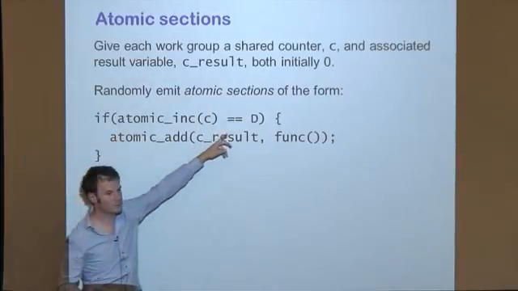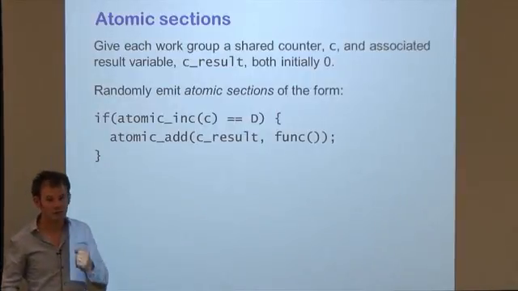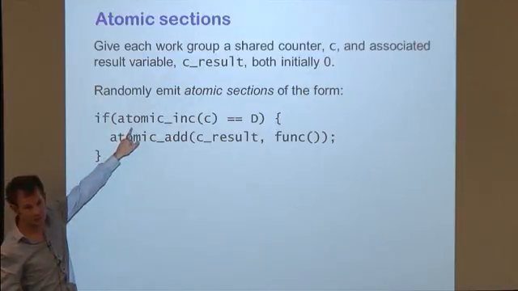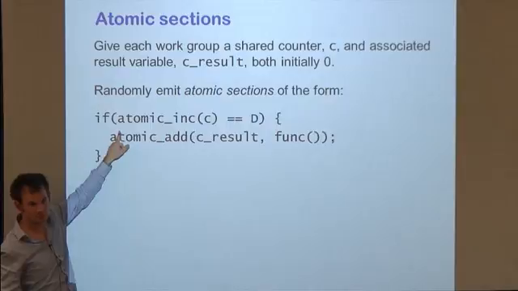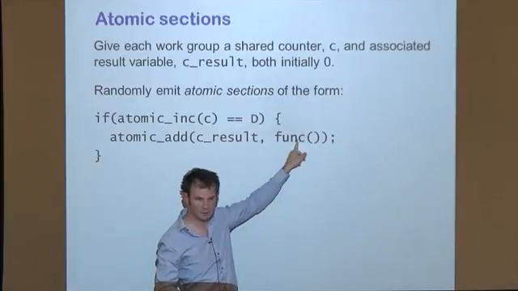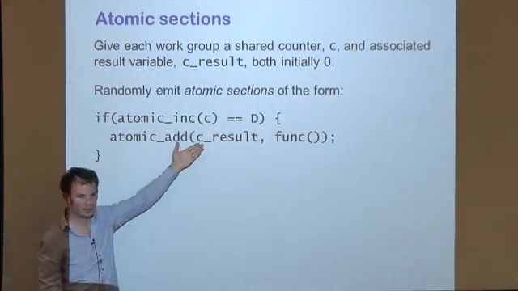So if d was 2, for instance, then you get the old value of the increment, right? So you'll be the third thread to increment it if you find it was equal to 2. And in particular, unless so many threads increment this that the counter wraps around, only one thread can get into this conditional. Agreed? Right, so now that thread can call a function, which is a randomly generated function, and then it can add the result of that function to the atomic counter variable.